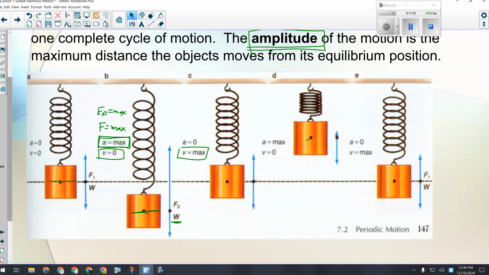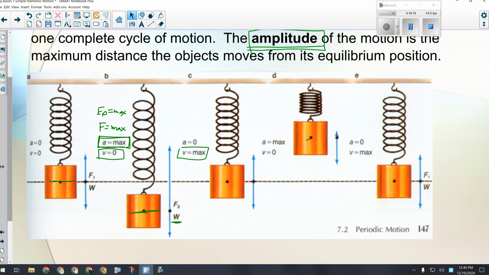Why is the acceleration 0 here? What is the spring not doing at equilibrium? It's not accelerating because the spring's not doing something. It's not doing any work because it's not exerting any force.